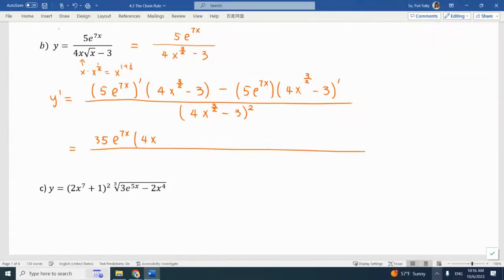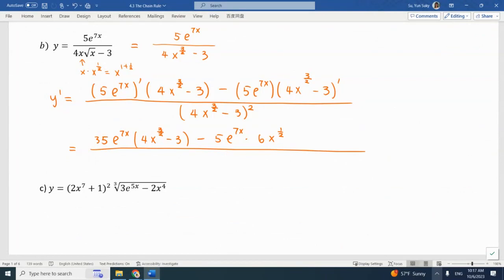And then 4x to the 3/2 minus 3 minus 5e to the 7x. Gabby, what's the derivative of 4x to the 3/2? Is everybody okay?